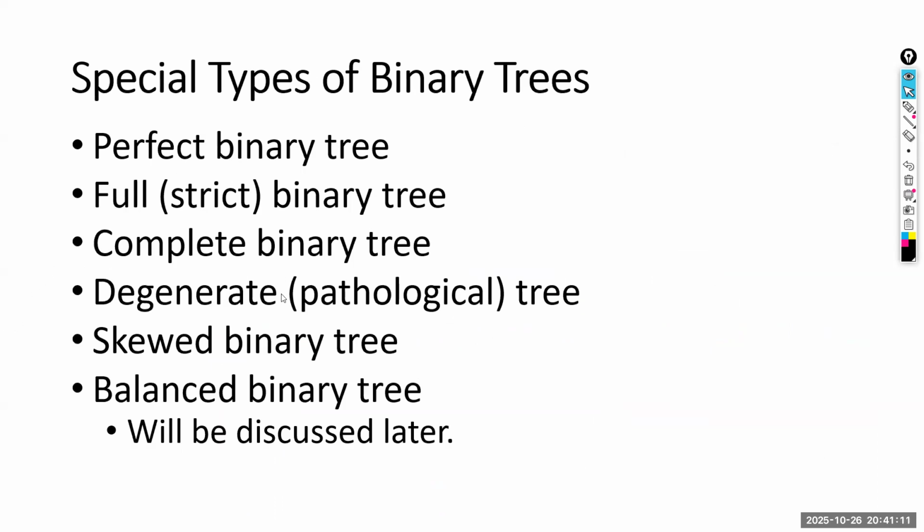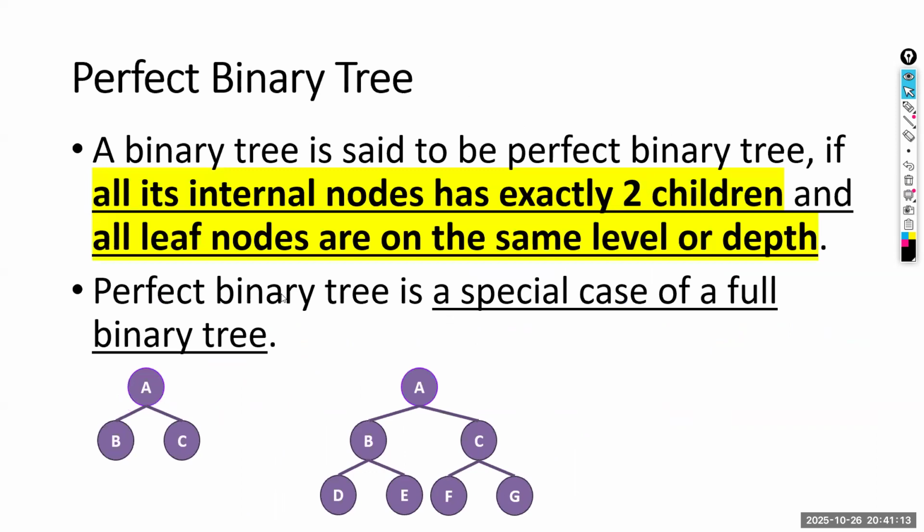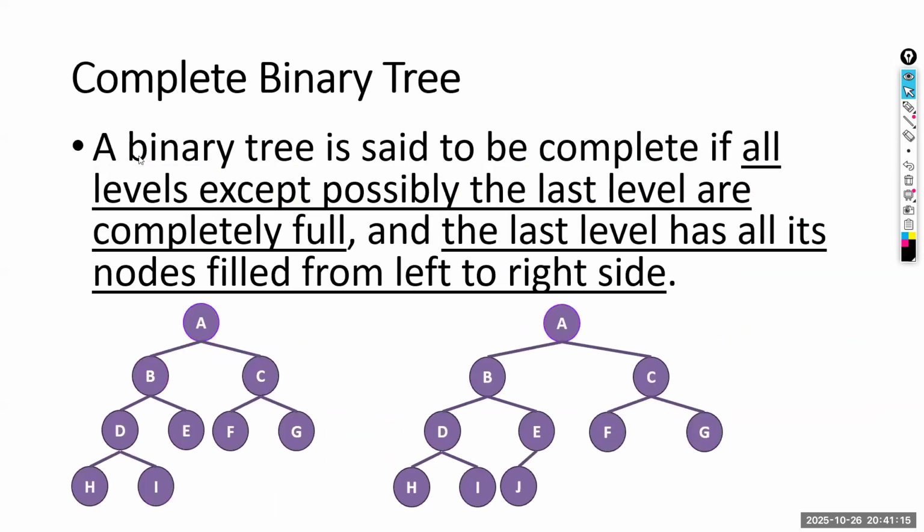Remember, complete binary tree is a special type of binary tree. A complete binary tree is a binary tree where all levels except possibly the last level are completely full, and the last level has all its nodes filled from left to right.